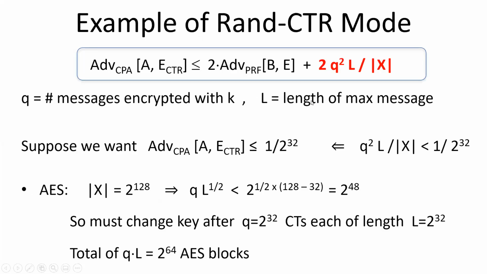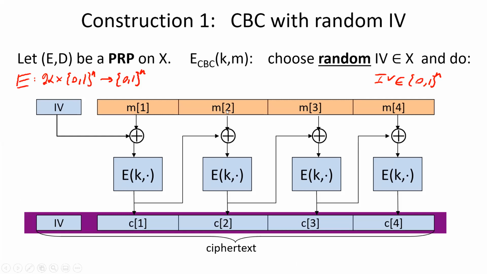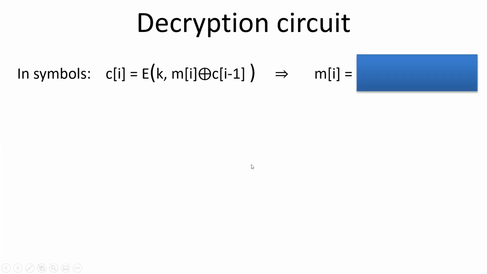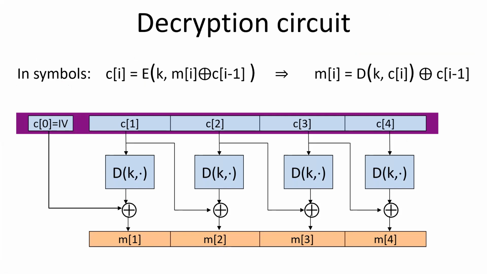But here, I have to require this to be a PRP. I require that there must be a decryption circuit that inverts the E function with the D function.